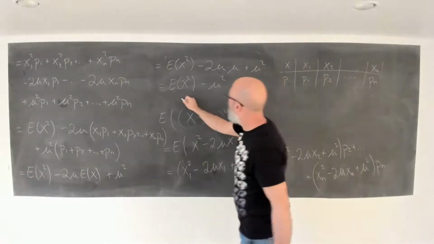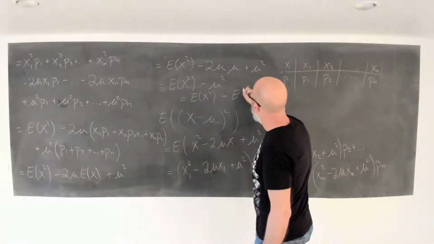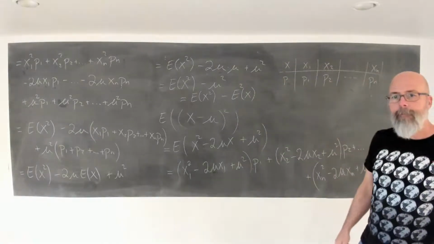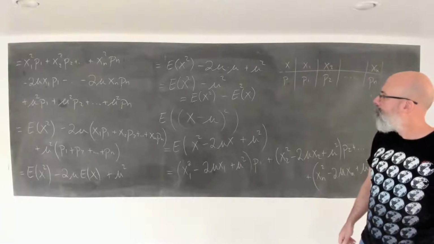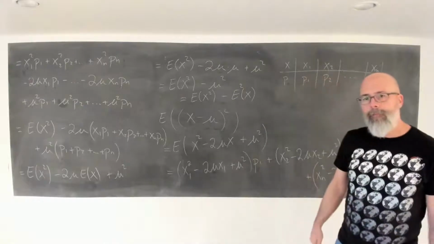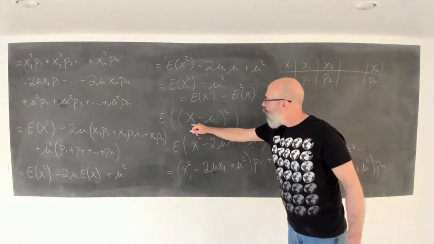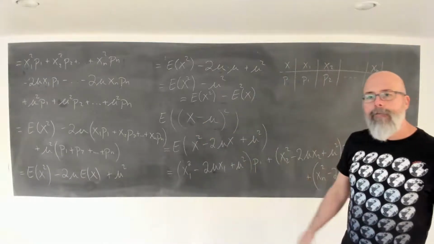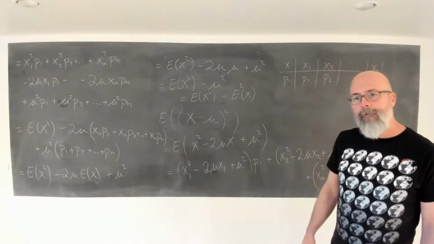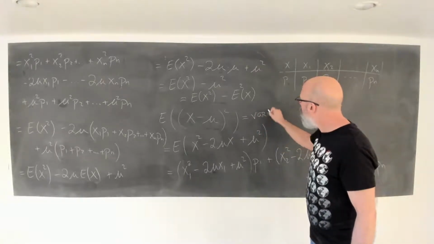Or the expected value of x squared minus the expected value squared of x. This expression is equal to that. And this is a measure of how much x varies from the mean. This is known as the variance.